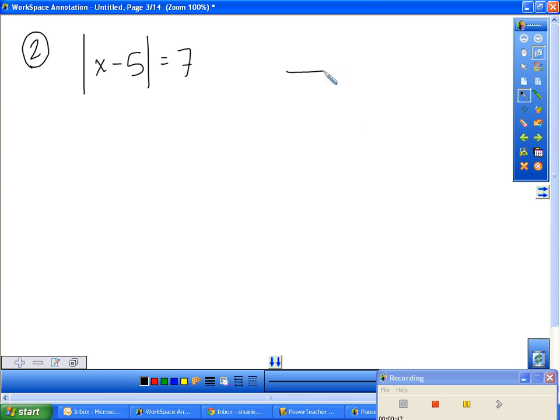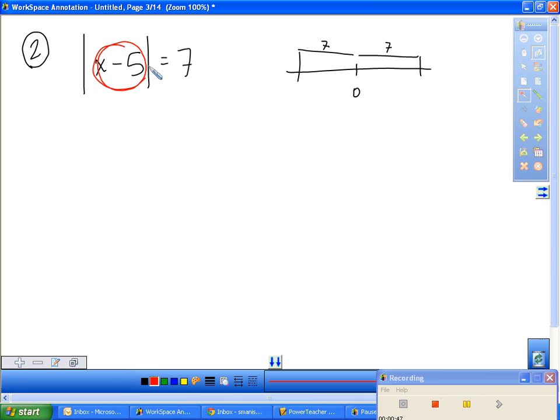So again, if I have my number line, I want to find something that's 7 spaces away from 0, because I'm saying that the absolute value is 7. But I'm not just saying x, so I can't just pick the number like I did in example 1. I know that whatever is inside my absolute value, this whole thing is either going to be 7, because the absolute value of 7 gives me 7, or -7.